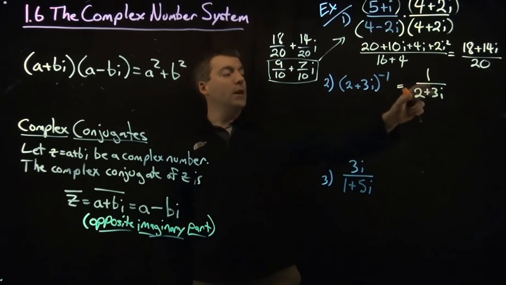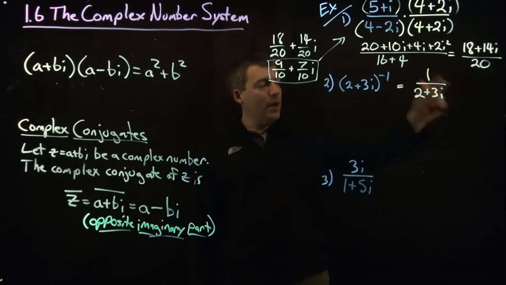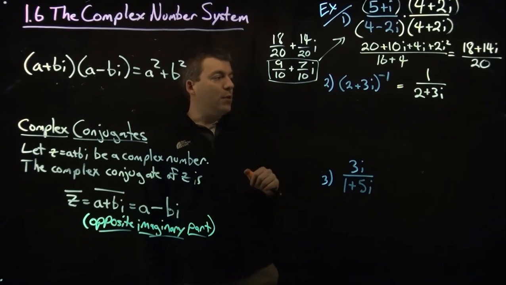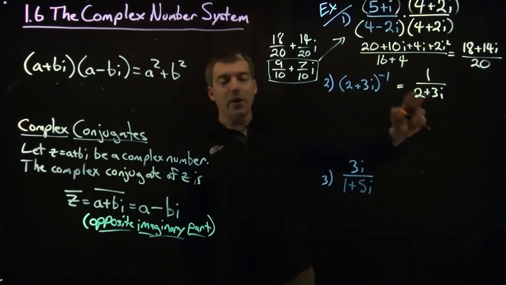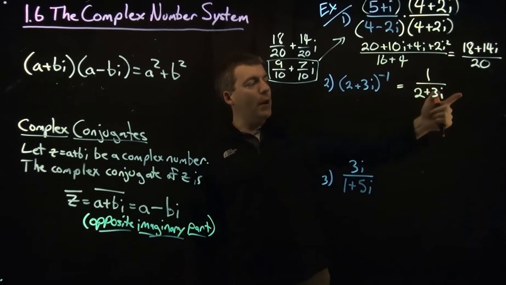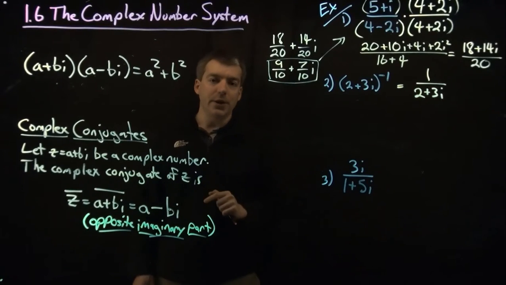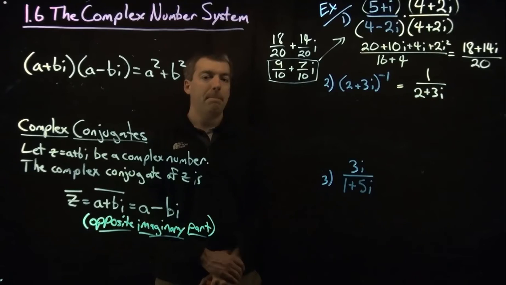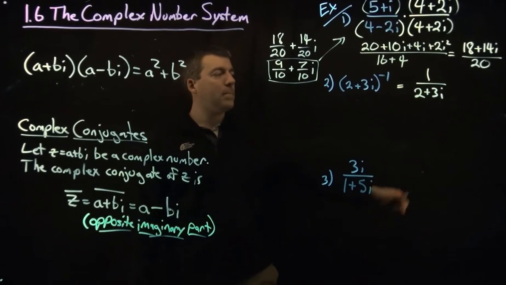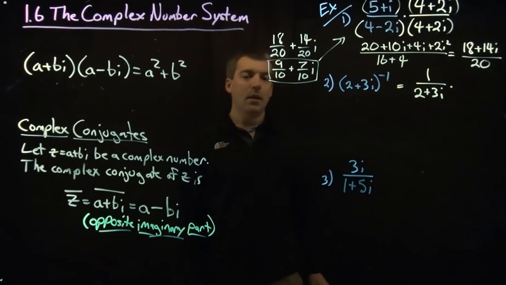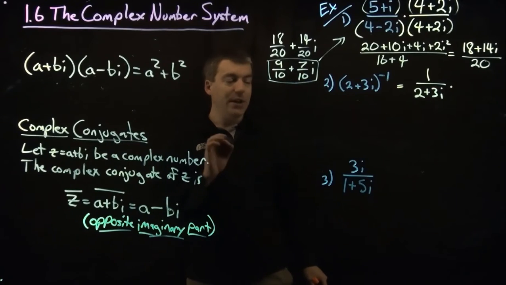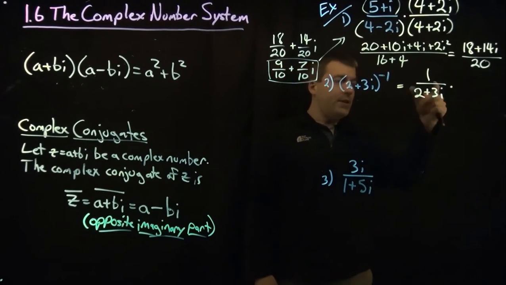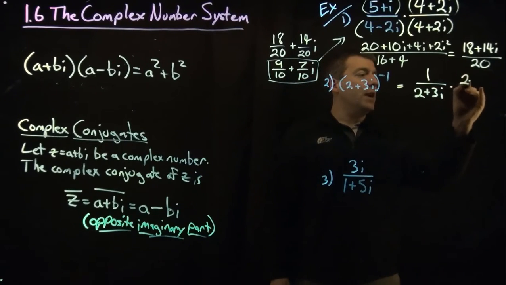From here we need to multiply by the conjugate over the conjugate to give us a denominator that is real. So why don't you go ahead and determine what the conjugate is, and then multiply the numerator and denominator by the conjugate. Okay, what is the conjugate of 2 plus 3i? We want the opposite imaginary part, so 2 minus 3i.